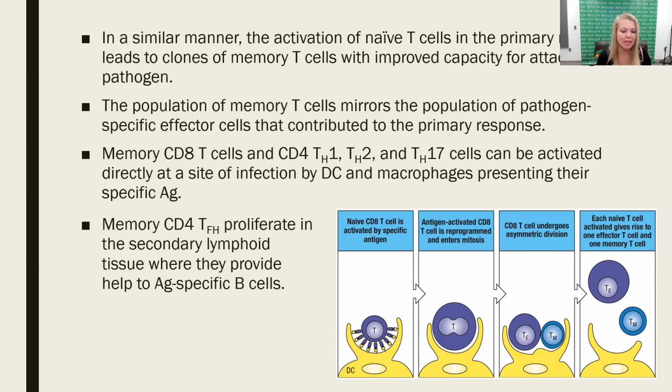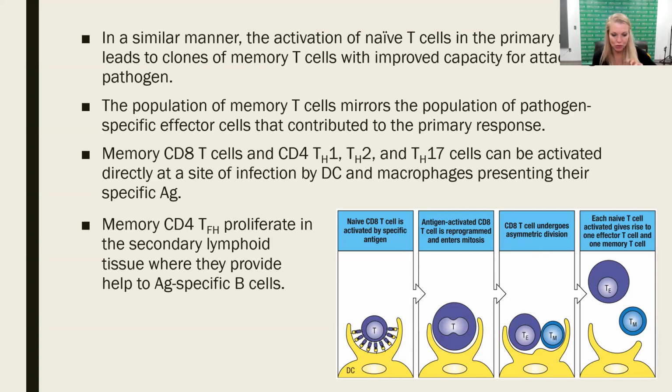They can all be activated directly at the site of infection by a dendritic cell, and macrophages presenting their antigen. The macrophage still has the ability to present to a T cell, an activated response, but it's going to be the secondary response rather than that primary immune response.